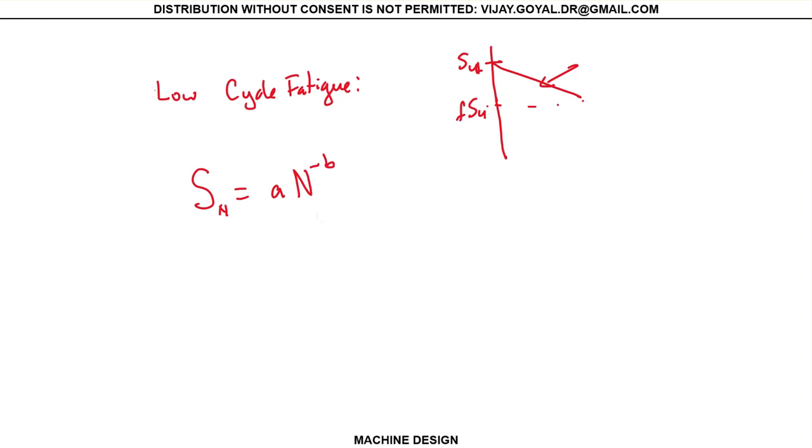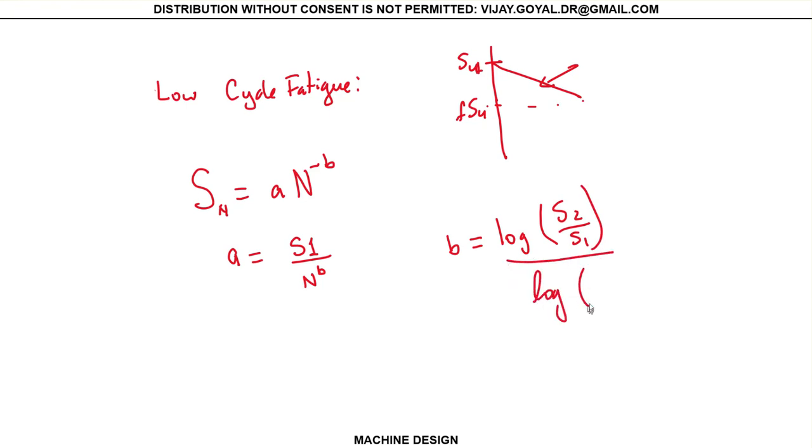This is a log plot, so you can say your A is equal to S1 over N1 to the power of B, but you need to find your B. So your B will equal log base 10, or you can use natural log, it also gives you the same answer, of S2 divided by S1, divided by log of N2 minus N1.